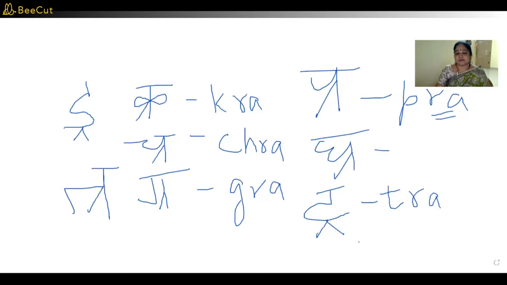Tra. See, this tra is also written as tra. This is also tra. A line and then just like this. This is also tra. Both are correct.